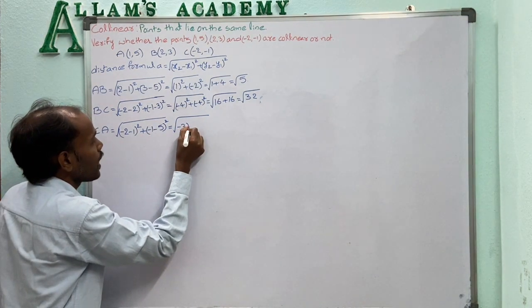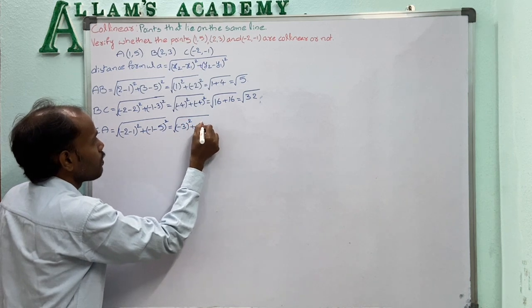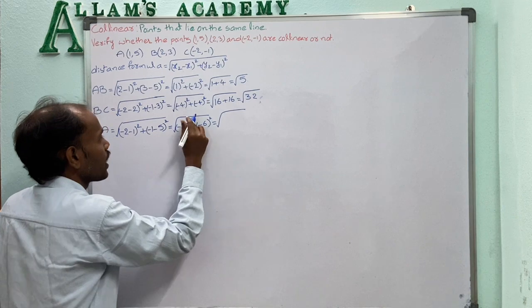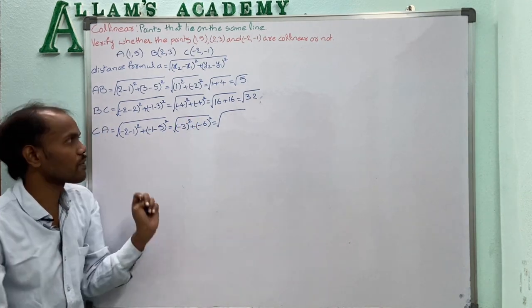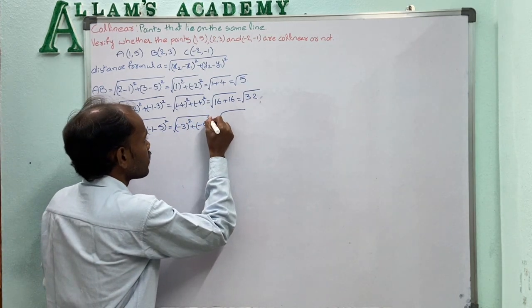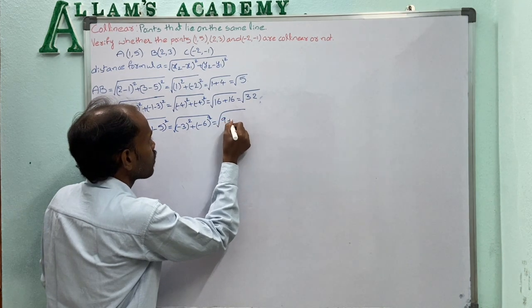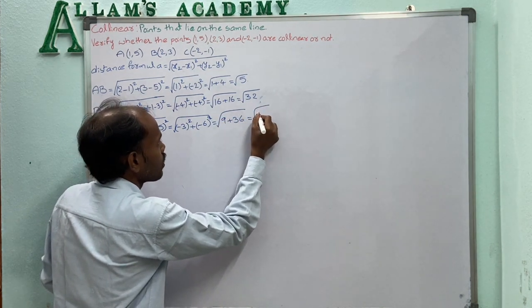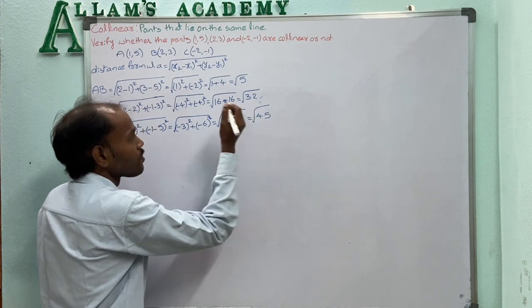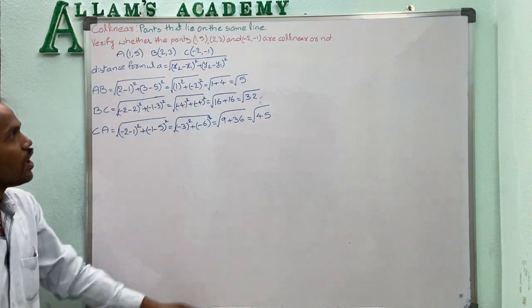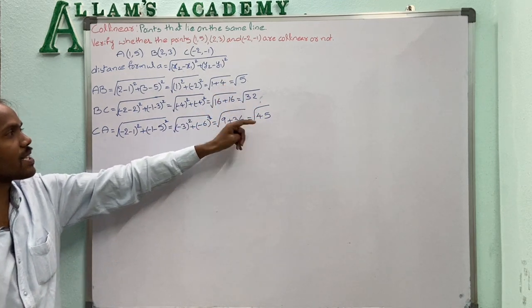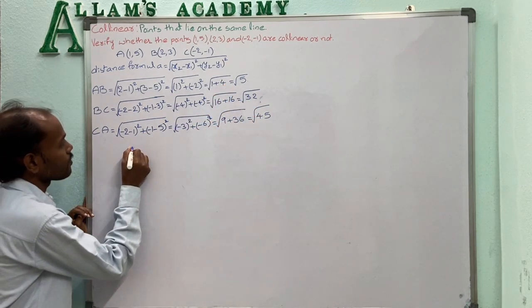So under root -3 whole square plus -6 whole square. -3 whole square equal to 9, -6 whole square equal to 36. So under root 9 plus 36 equal to 45, so root 45. Now if we observe, the sum of AB plus BC is not equal to CA.